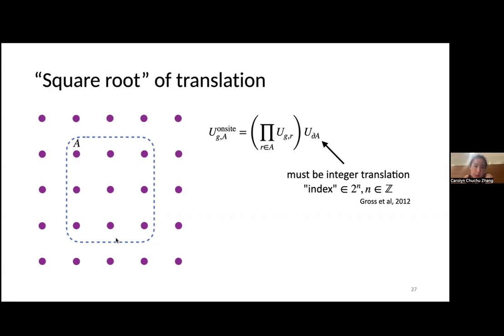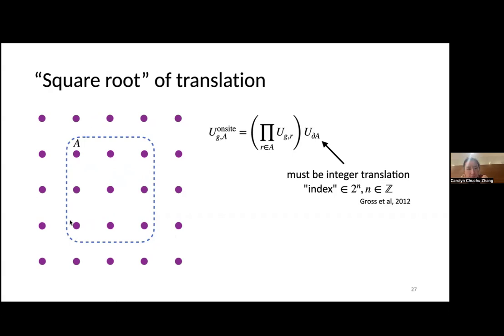Because a restricted symmetry operator is just something that acts like the symmetry operator in the bulk and acts as the identity very far outside of the bulk. However, you can always decorate the truncation, the restriction, by a locality preserving unitary on the edge that doesn't change the action in the bulk and also doesn't change the action far outside of the bulk. So this U_∂A, this operator, represents the ambiguity of how you restrict this symmetry.